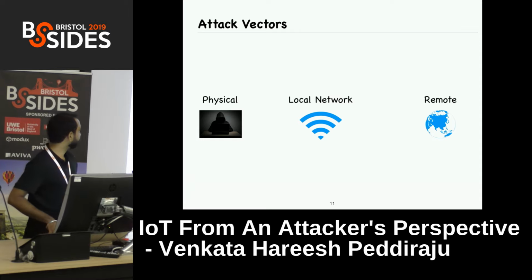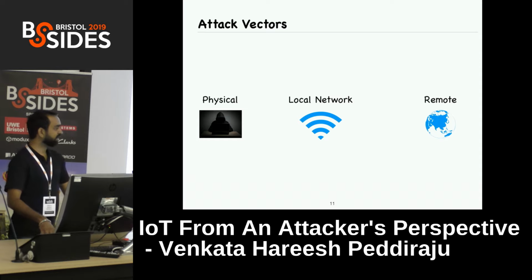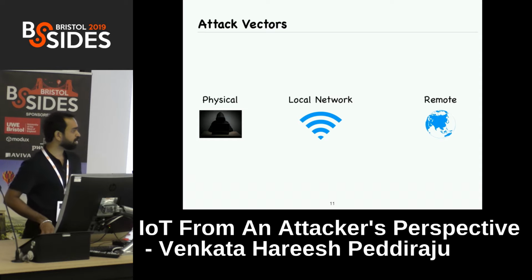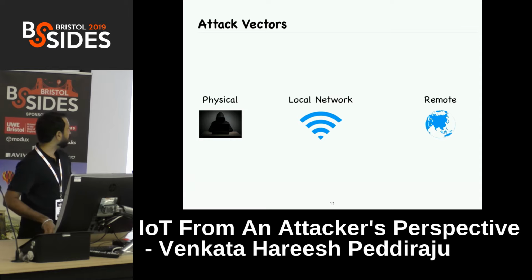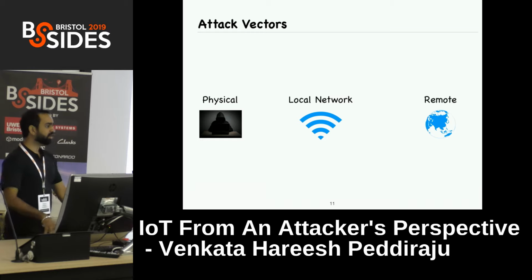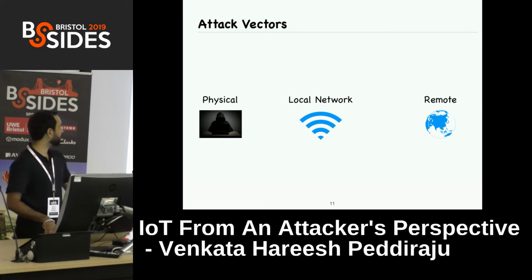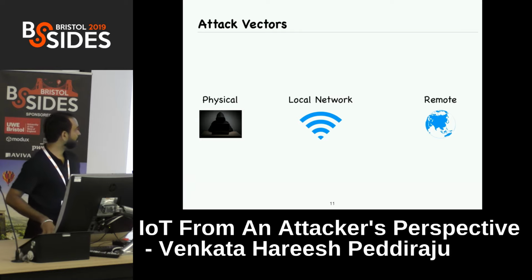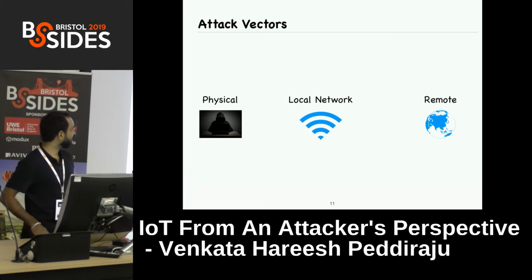This essentially means that the attacks in this category are like getting a root shell on the device itself and offloading data from the device. Local network is where the attacker needs to be on the local network, or your home network when it comes to home automation, to carry out these attacks. Remote is the holy grail of attacks here, where an attacker carries out the exploit from halfway across the globe.